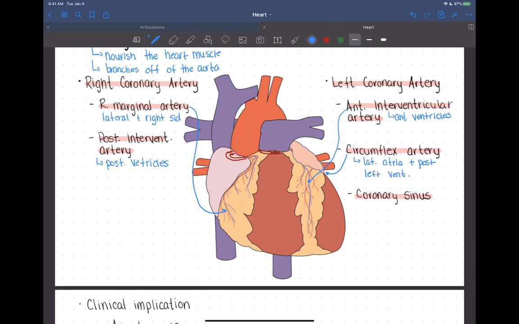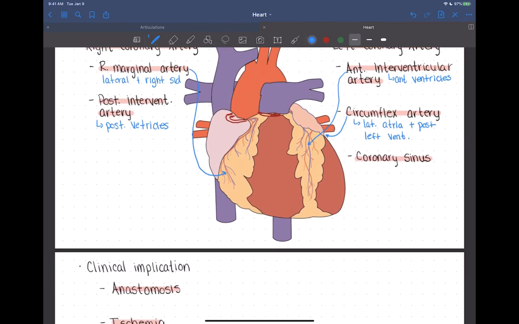And then another one we can't see because it's on the posterior side of the heart is the coronary sinus. The coronary sinus is a large vein that carries deoxygenated blood to the right atrium.